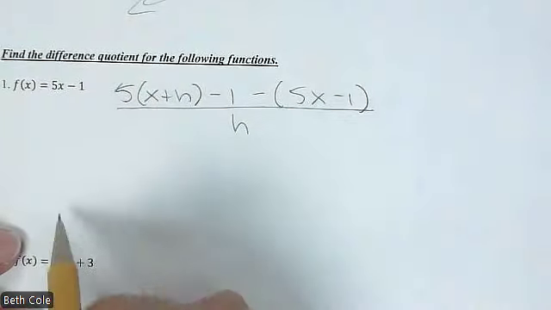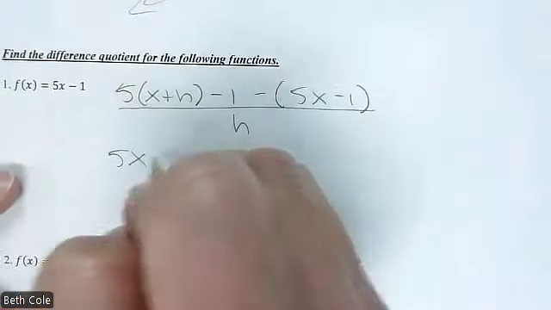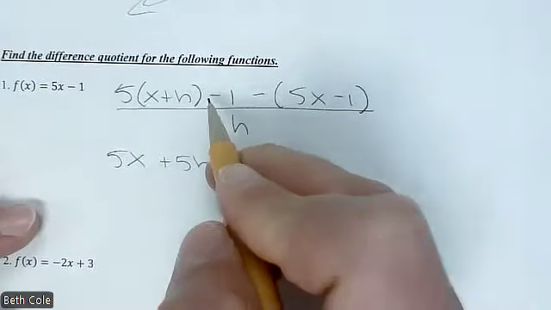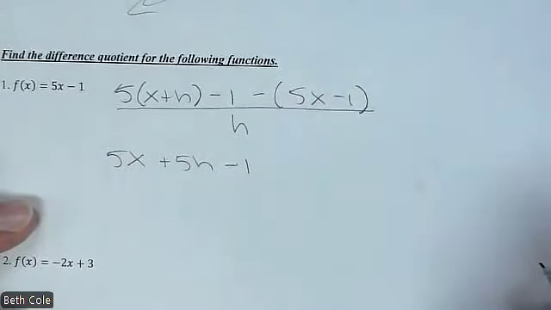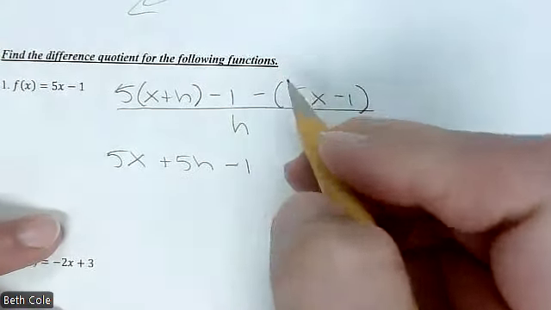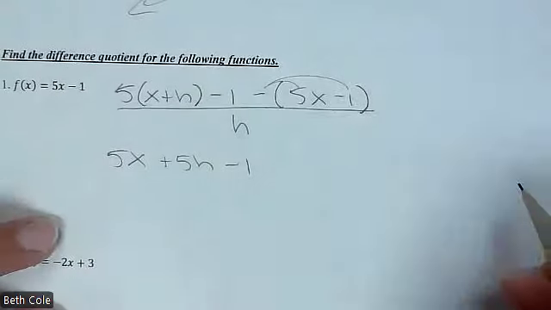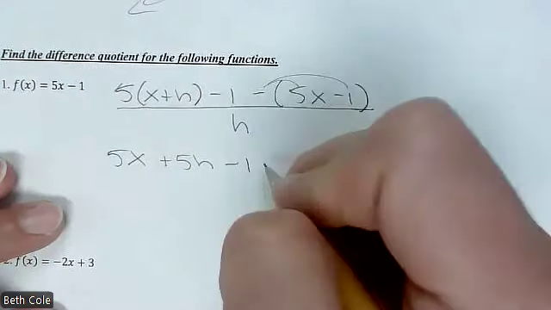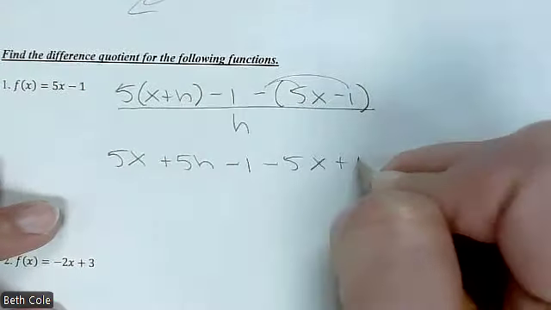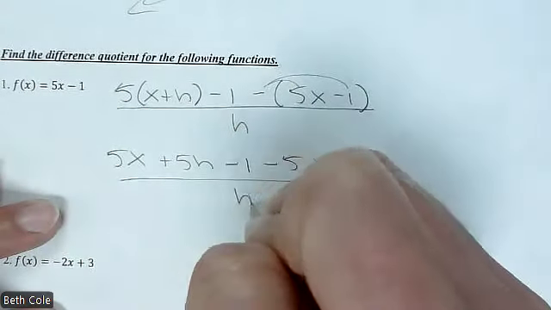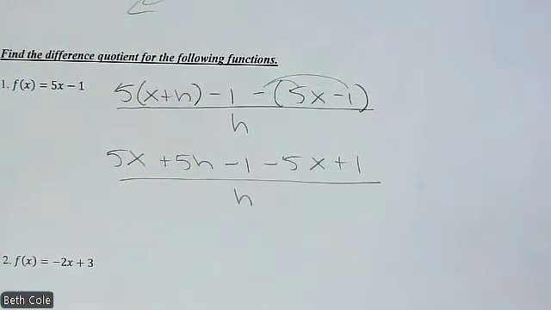What would you do with this 5? Yeah. 5x plus 5h minus 1. Then what? So you're distributing a negative. That's going to flip-flop all of this. So good. Minus 5x plus 1 is all over h.